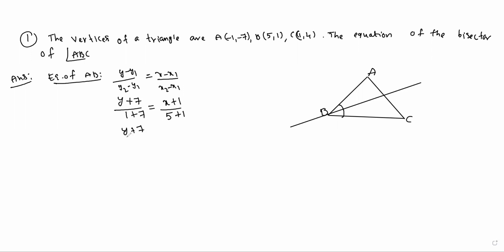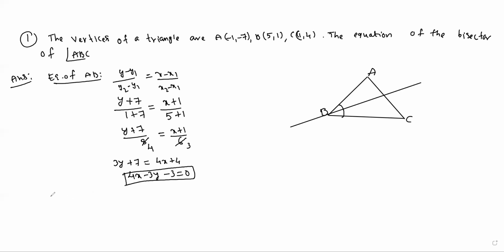So (y plus 7)/8 is equal to (x plus 1)/6. You can cancel out the 4s and the 3s. Cross multiply: 3(y plus 7) is equal to 4(x plus 1). Now send the y term and constant to the right side. Then the equation of AB is 4x minus 3y minus 3 equal to 0. This is the equation of AB.